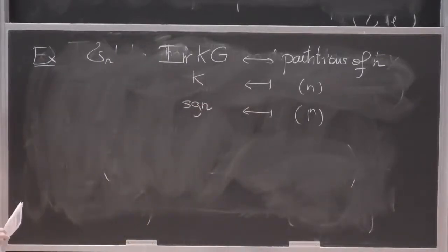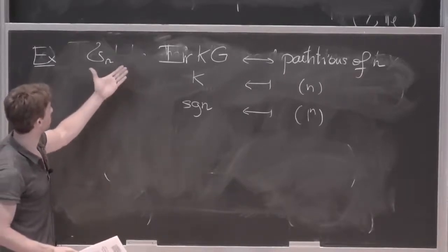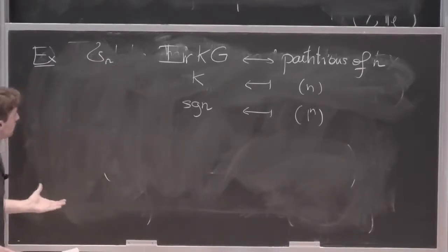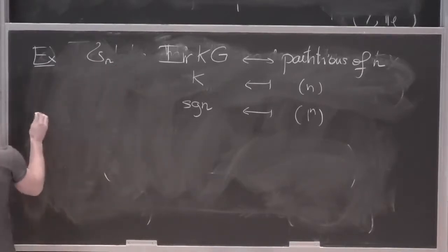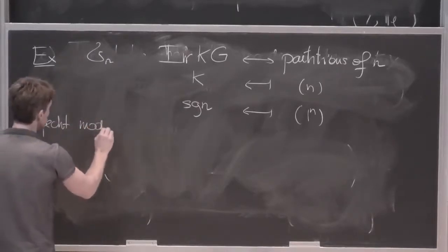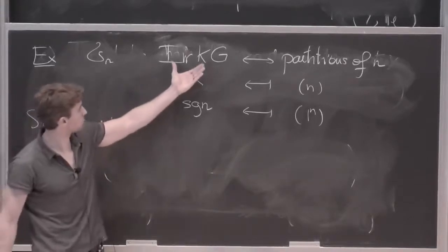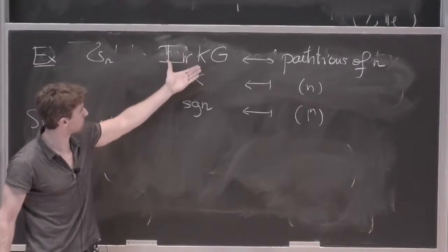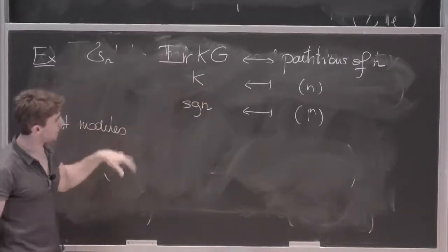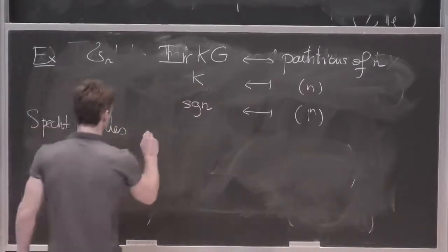If you look at the Specht modules, they actually give you a construction of not just representations over K, but really over a lattice over Z, which in characteristic 0 will be irreducible, will give you these ones. And in characteristic L will give you the simple modules when you look at the top.